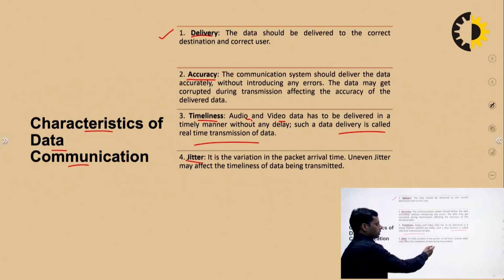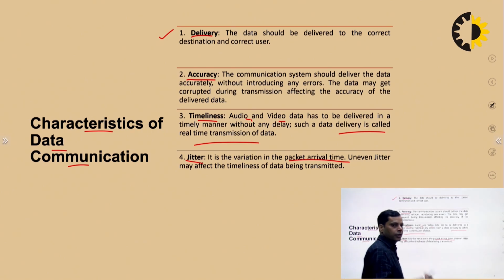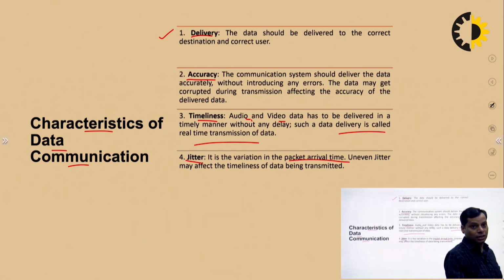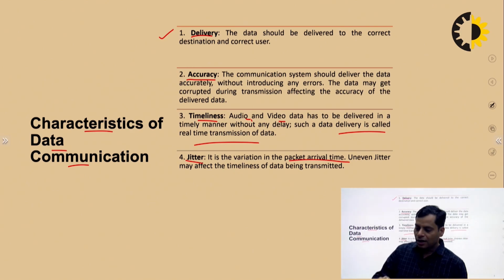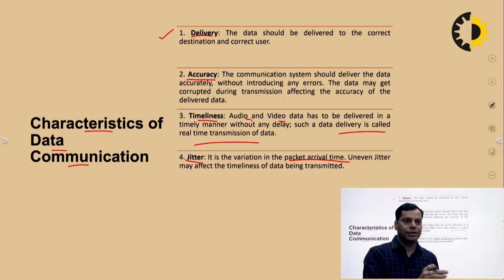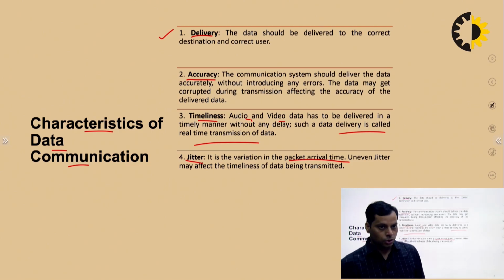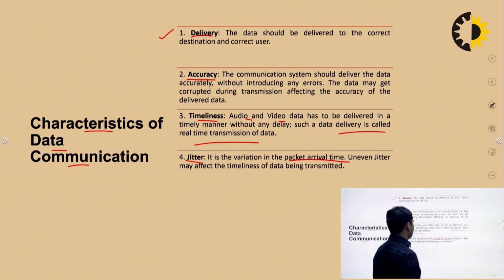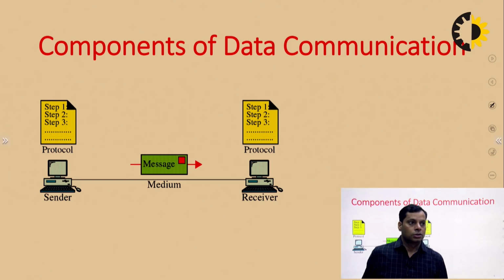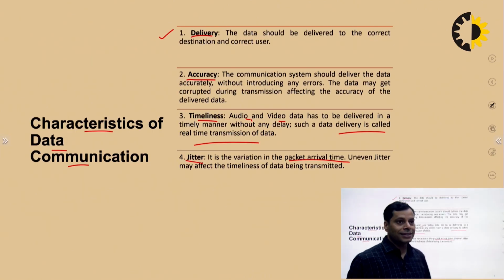It is a variation in the packet arrival time, because when data is transmitted from the transmitter to the receiver with the help of some medium, it is transferred in the form of packets. So jitter is related directly to the variation of the packet arrival time. So these are some characteristic points.